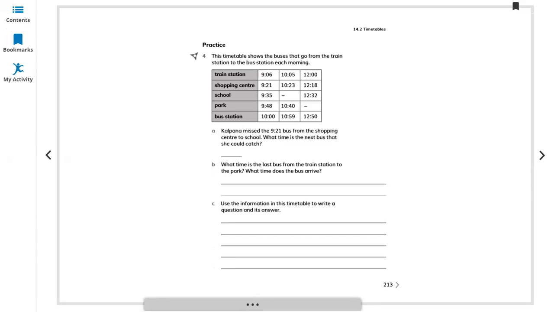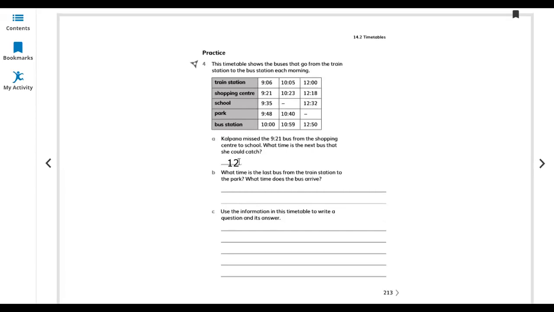She missed the 9:21 bus. So the next we have this one, but you want to go to school, so this one is not going to school. This one, this time, the 12:18 bus, if you want to go to school.